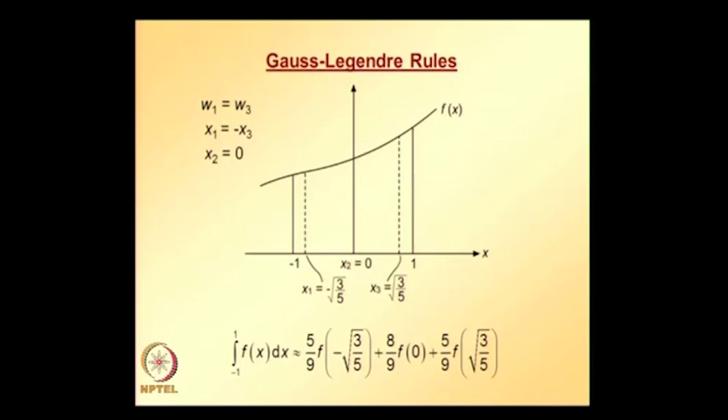So, the integral of f(x) between the limits minus 1 to 1 is basically approximated as 5 over 9 times the function evaluated at minus root 3 over 5 plus 8 over 9 times the function evaluated at 0 plus 5 over 9 times the function evaluated at root 3 over 5.